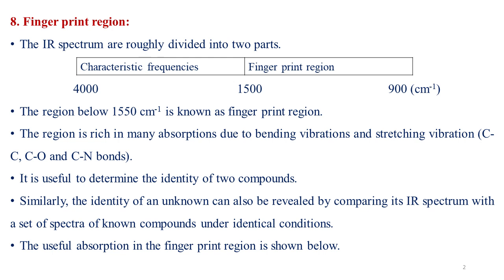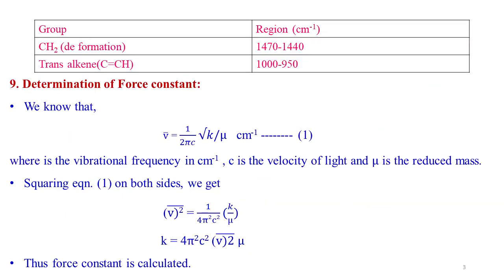A useful observation in the fingerprint region is the CH2 deformation, which appears in the region of 1417 to 1440 per centimeter, and trans-alkene C=C-H will appear in the region of 1000 to 950 per centimeter.